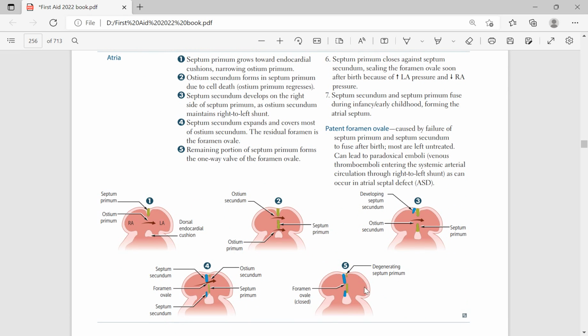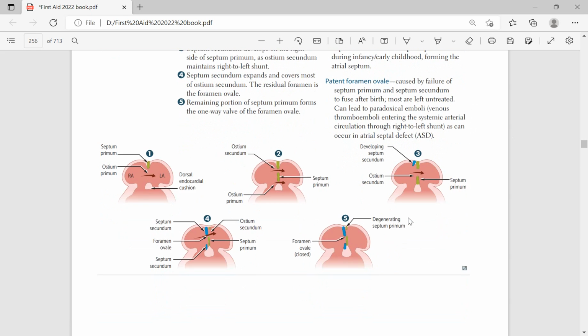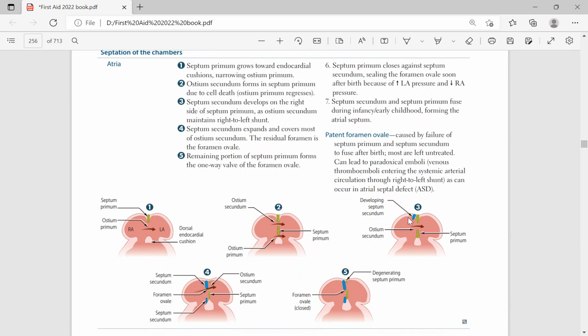After birth, the left atrial pressure increases because of increased systemic vascular resistance, and the right atrial pressure decreases because of surfactant in the lungs.